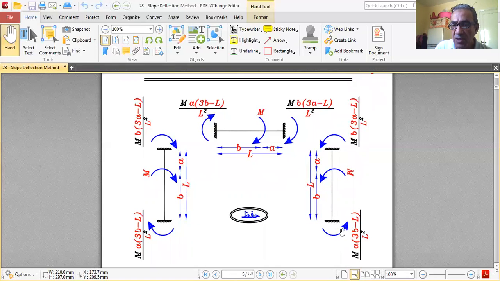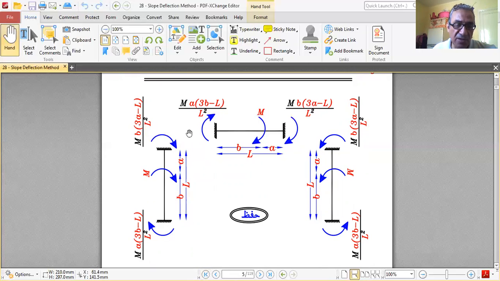The right one has the tail below, same as the applied moment. The left one has the tail above. And these are the values. The right one is M B, which is the far distance, 3A, the close distance, minus L, over L squared.